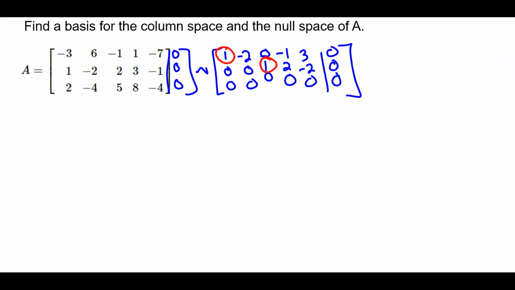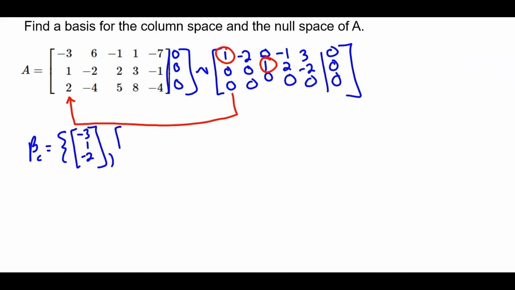The pivot columns tell you which columns of your matrix will give you a basis for the column space. So we can say the basis for the column space is the set that just contains these two vectors, the first column of A and the third column.